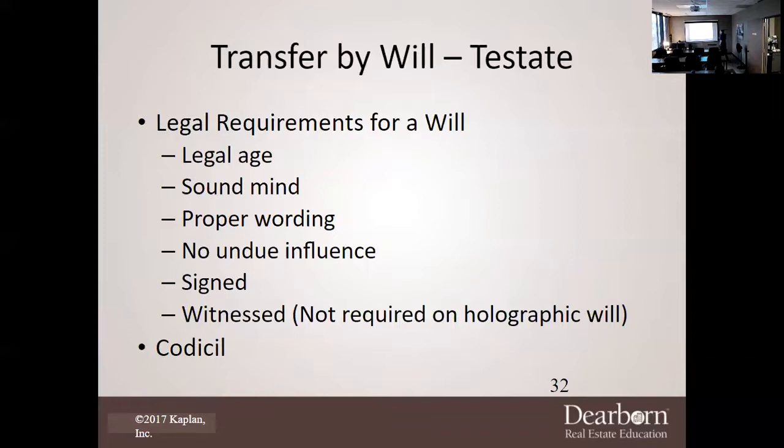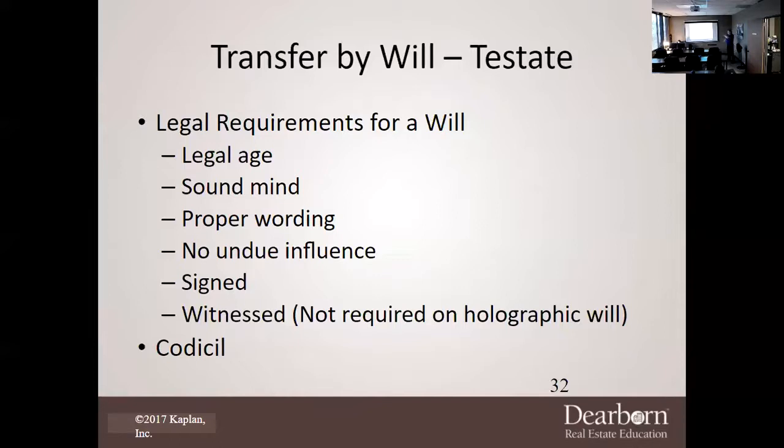You have to be of sound mind when you do this. There also has to be proper wording. That's why I said earlier about the revoking part. If you don't put it in there, it leaves it subject to the court to interpret. There needs to be no undue influence. So Cody can't come over and put Aiden in a headlock and say, sign that deal so everything goes to me.